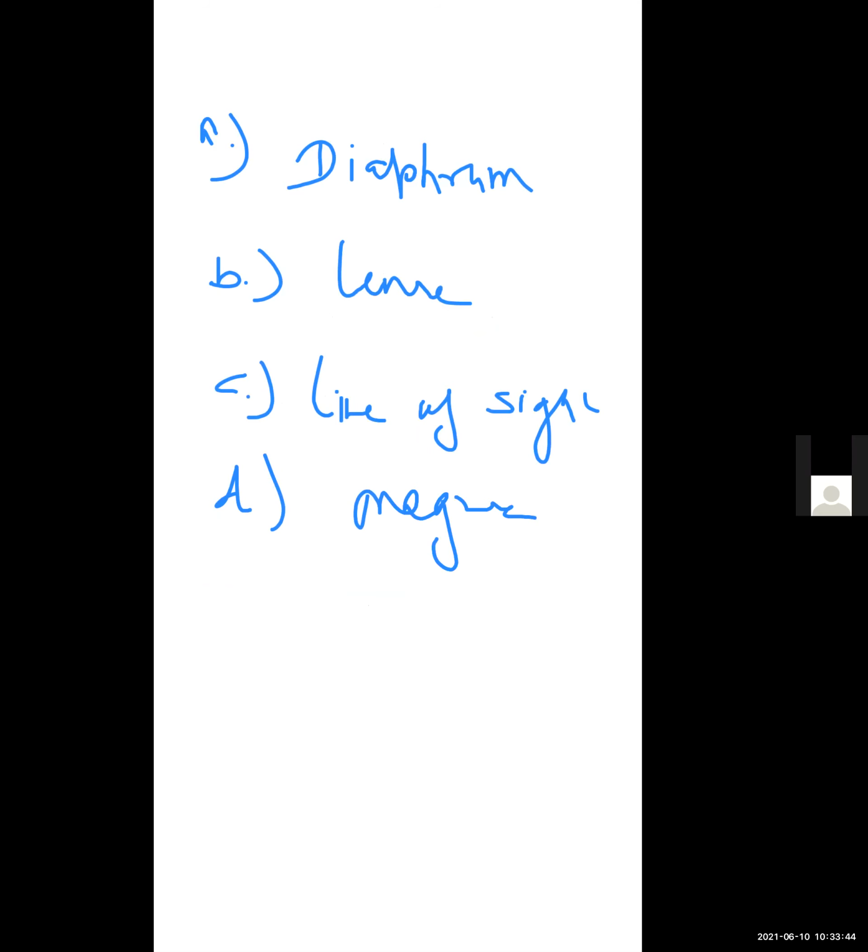Ma'am, diaphragm. Is diaphragm correct or not? Correct, ma'am. Diaphragm is placed between lens elements. What is between lens elements? Diaphragm.